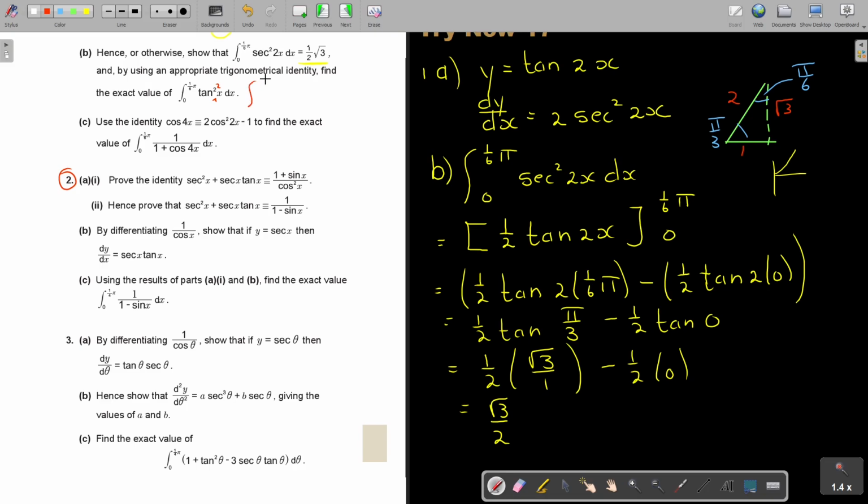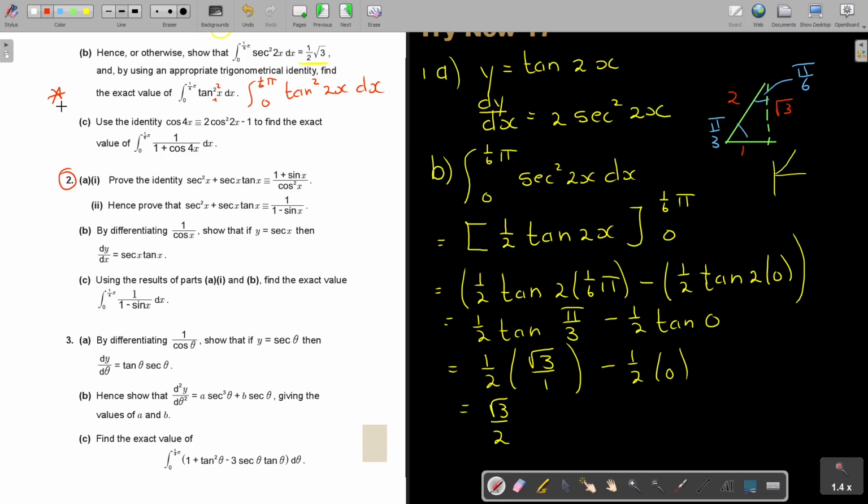It's supposed to be the integral from 0 to 1 over 6 pi, and it must be tan squared 2x dx. So please take note of that printing mistake in the first print.